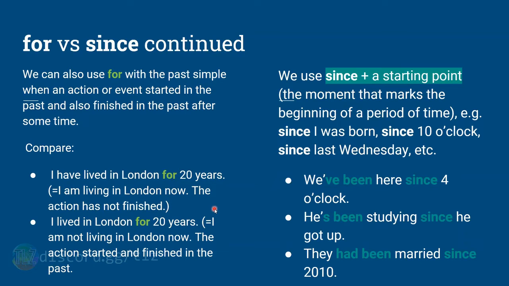So, before I move on to since, we can also use for with the past simple tense when an action or an event started and also finished in the past, and is being described, but finished after some time. So these are two examples. I have lived in London for 20 years.